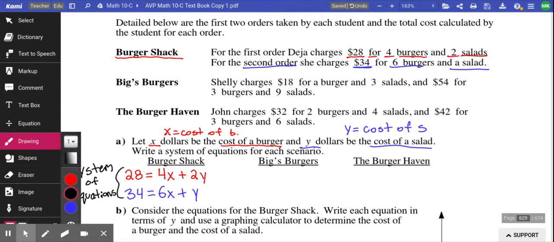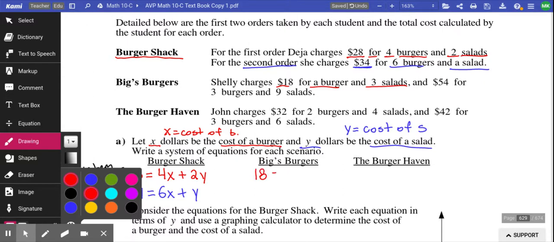We can do the same thing for the other 2. If we look at Big's Burgers, $18 for a burger and 3 salads, so 18 equals 1x plus 3y. $54 for 3 burgers and 9 salads, so 54 equals 3x plus 9y. And we can do that for the third one too.